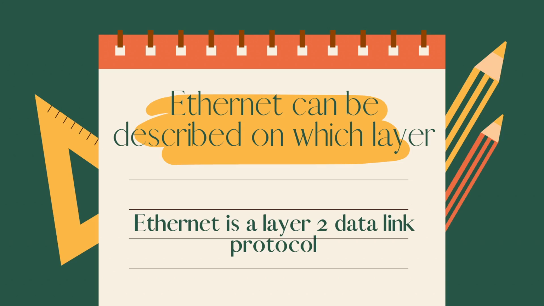And if the options were data link layer, network layer, physical layer, you should have answered that this is a data link layer protocol. All right, now let's move to the next question.